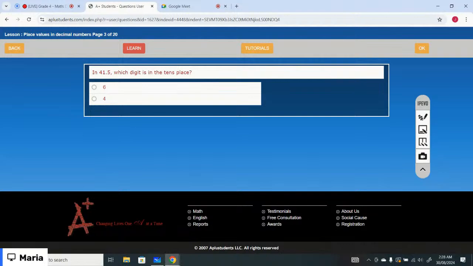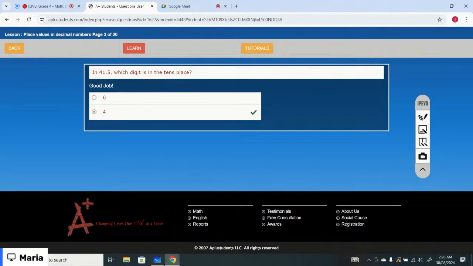The correct option is, tens place is 4, right? 1 is at the ones position and 4 is at the tens position. So the correct option is 4. Option number 2 is the correct option.